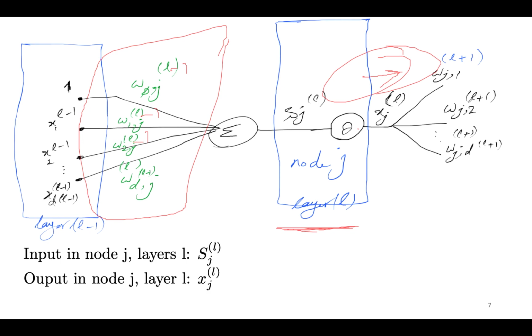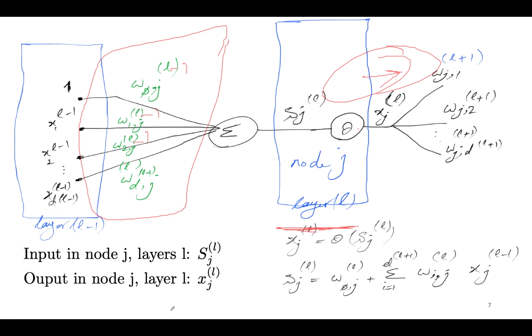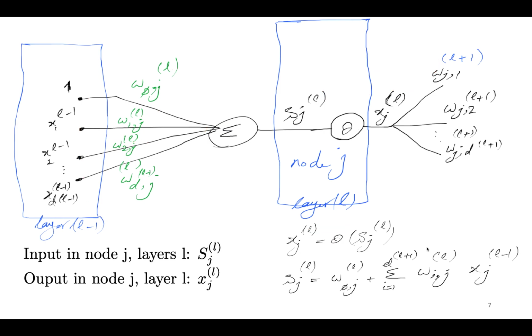Okay? So just like that, we can define an input in node J of layer L as Sj of L, right? That's what you see here. And the output, let me just get rid of this. All right.